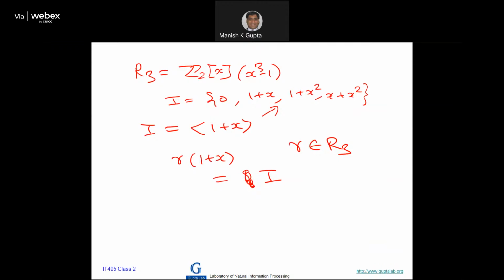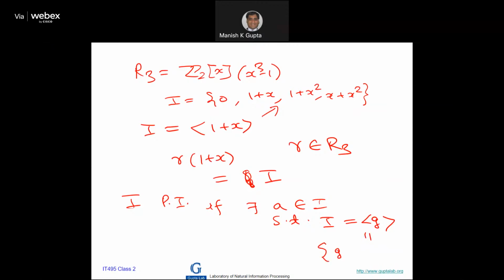So this is also known as a principal ideal. Okay. So there is a generator. So basically, we say I is known as a principal ideal if there exists an element G in I such that I is nothing but generated by G. So what do you mean by this?